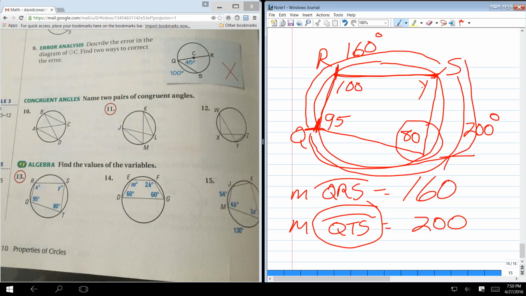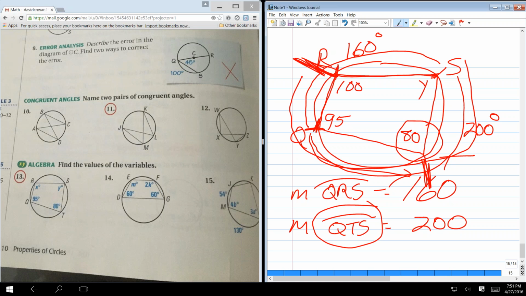The only way to figure angle Y is to know that the sum of the angles in a quadrilateral is 360. So you just add those three together, and that's how you get Y. Notice there's no other way to get Y, because we don't know anything about the arc Y subtends in terms of its measurement.